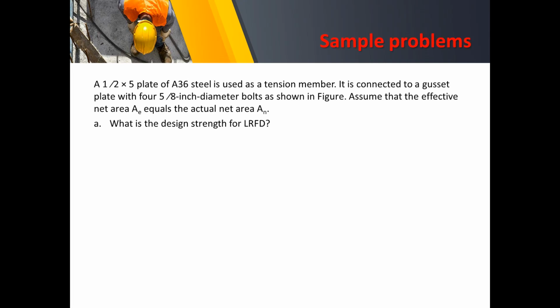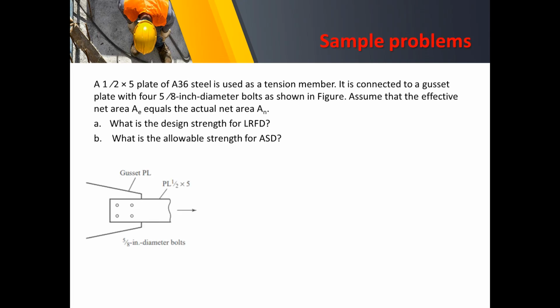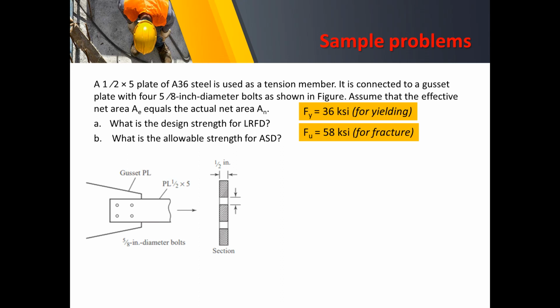Now for letter B, allowable strength design. We just have to take note of the strength of A36. Just the same, we compute the gross area, 2.5 square inches.